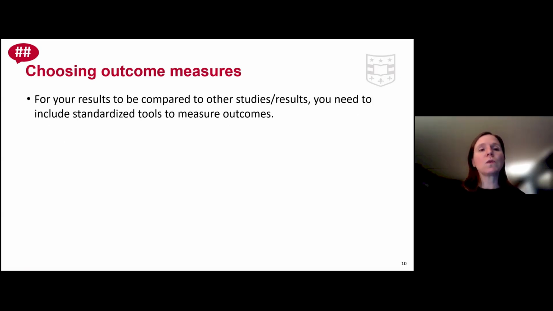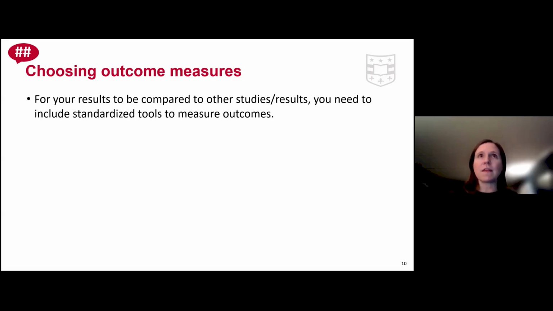You do need to be thoughtful about choosing your outcome measures, because this will partially define the success of your study, but also determine where it sits in the literature and to which other studies it can be compared or cannot be compared. So there are many different standardized tools to measure outcomes.